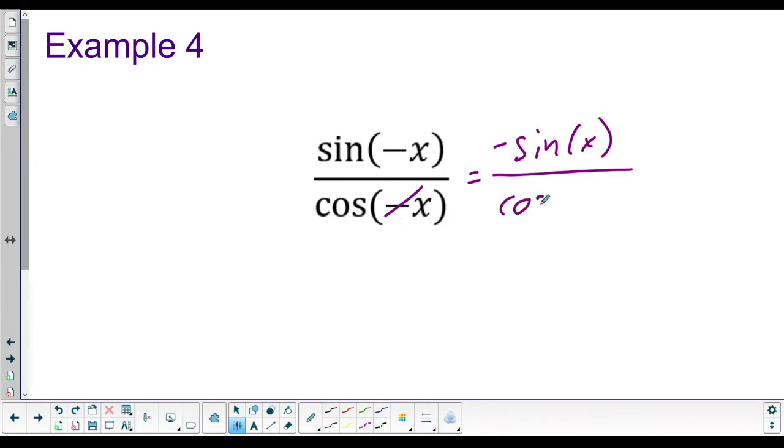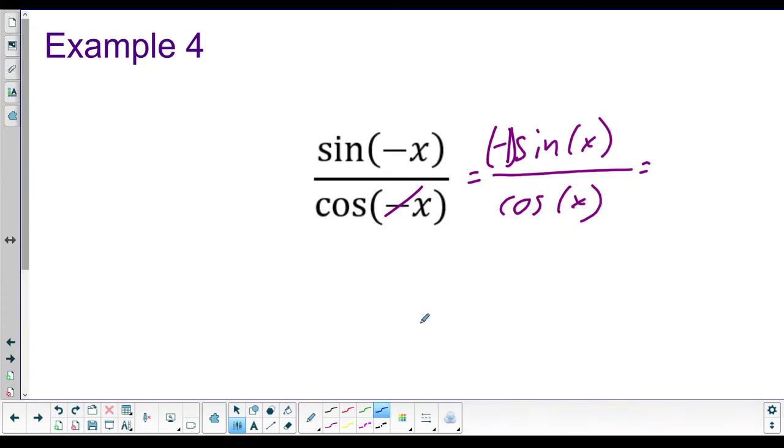So this is now cosine of x. Okay. Now, this negative, we can either put it on the top, we could put it on the bottom. These are just principles of fractions. Or we could put it out in front. What this means is 1 times sine of x over cosine of x.